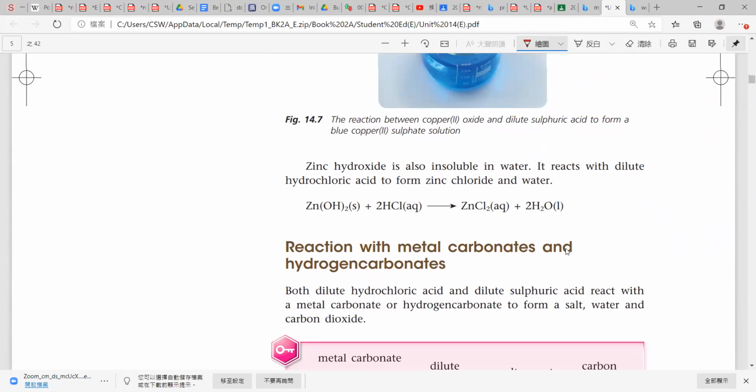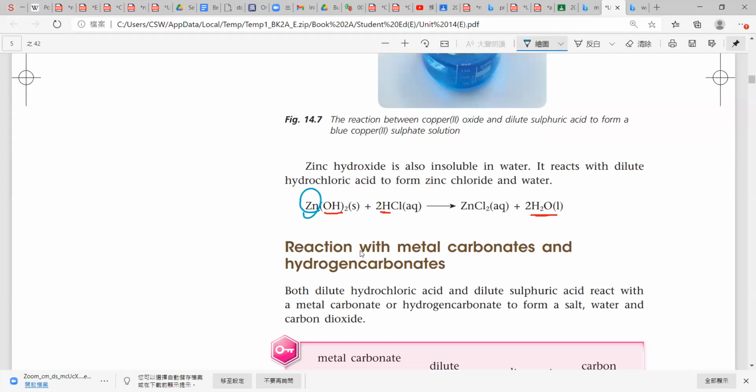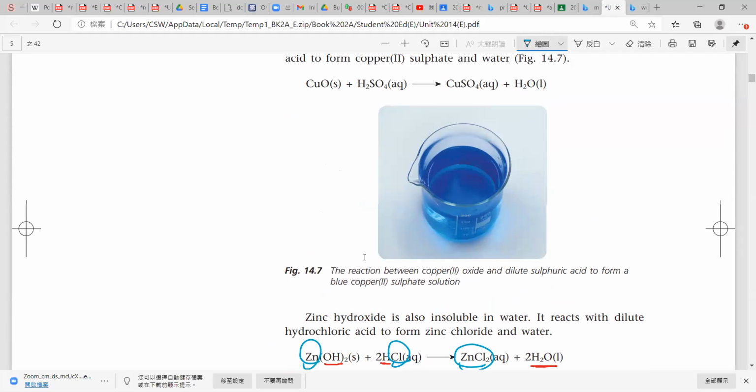And similarly, if I change it to hydroxide, what they have in common is that they will form water as a product. But how about the other one, zinc chloride, right? So you may merge them together from zinc chloride. Now take a look and do the same thing, right? The copper sulfate here.